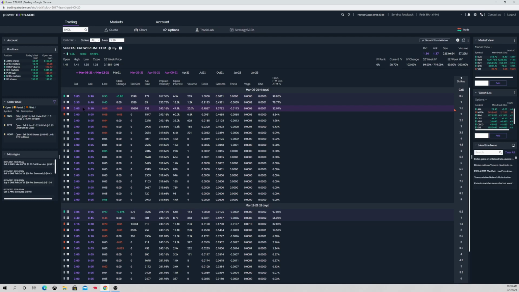There's intrinsic value, which is how much the stock is what's called in the money, and then there's something called time value of the contract. And so, by extending the expiration date of the contracts, they are now worth more money because there's more time for the stock to make a move.